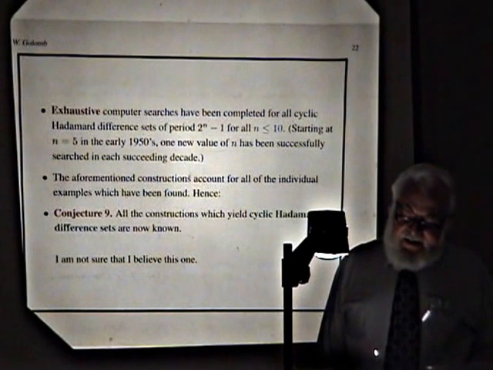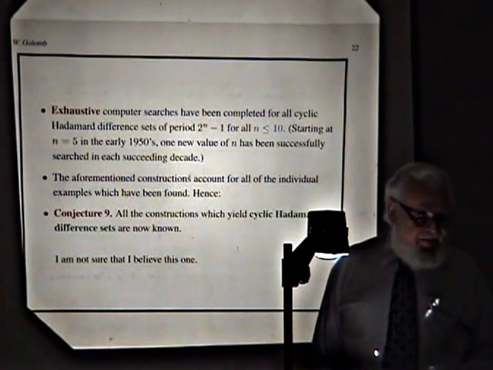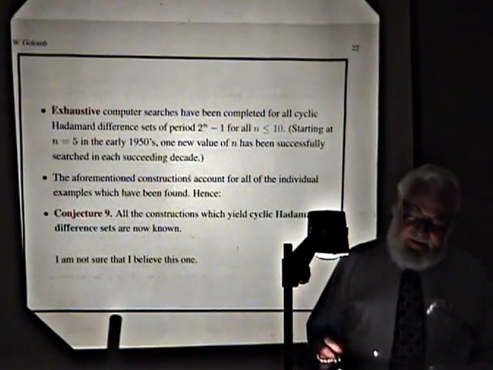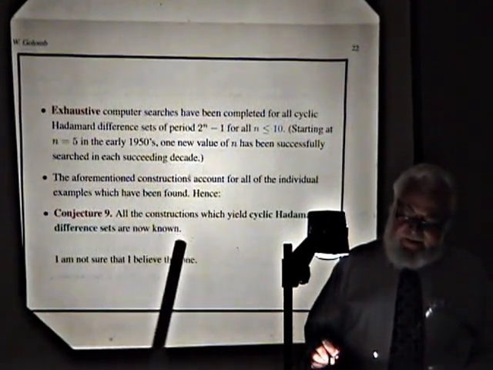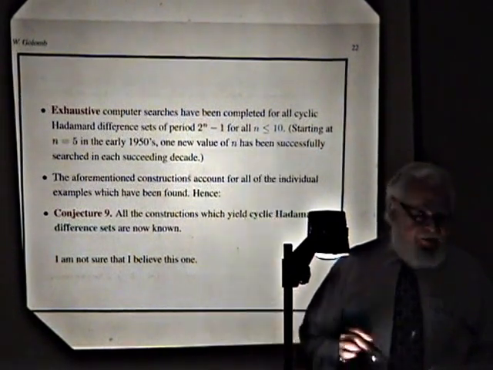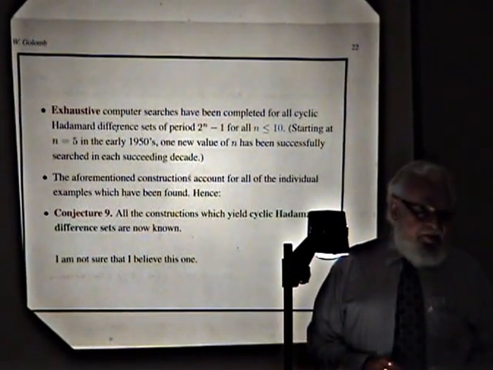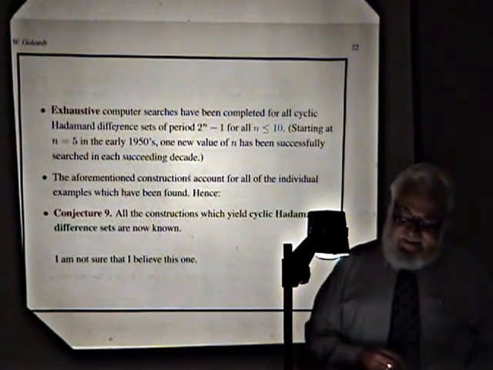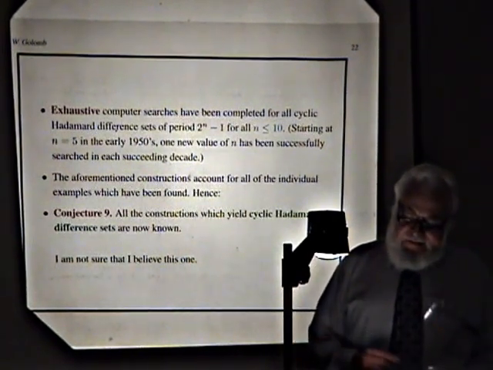And if none of those turn up any new examples that we don't already know, then I would almost certainly believe this conjecture, but without additional data, somehow n equals 10 does not impress me as being a huge number. I would say this is a conjecture based on very limited data.